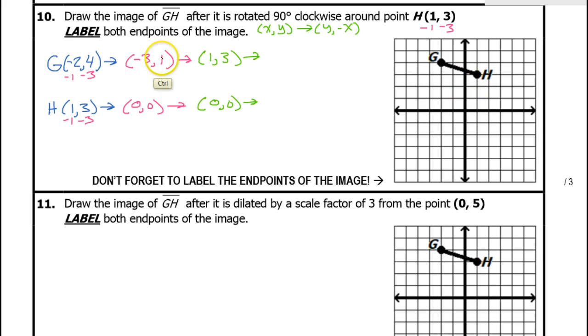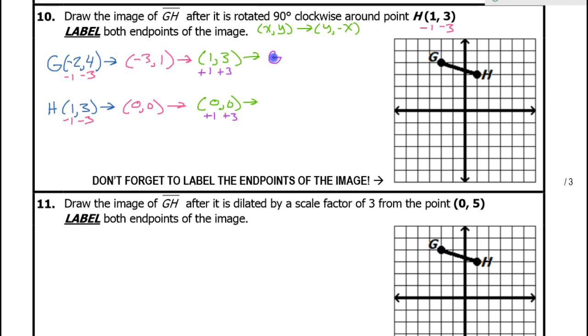So we moved to the origin, we did the rotation, now it's time to move back. The way you move back is by undoing what you did at the beginning. At the beginning I subtracted 1 and subtracted 3, so now I will add 1 and add 3 to move everything back the way it was. This will give me my final answer.